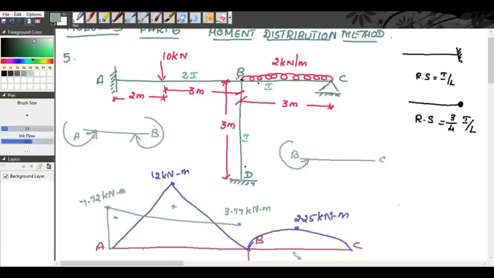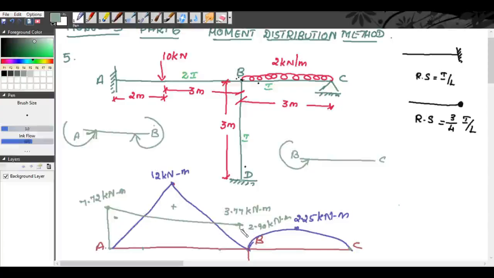So minus 2.90 comes somewhere here, right? So 2.90 kilonewton meter, and at C it is 0.